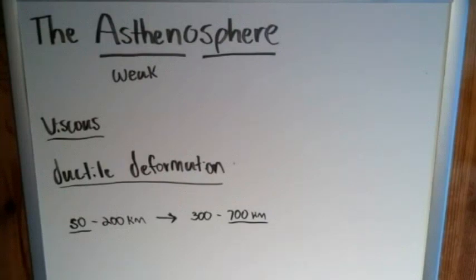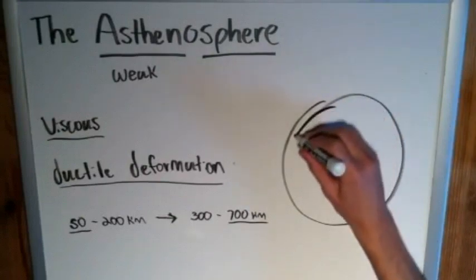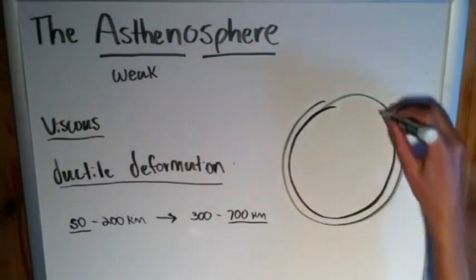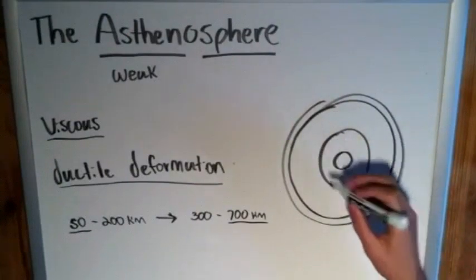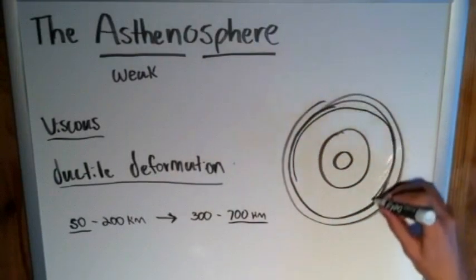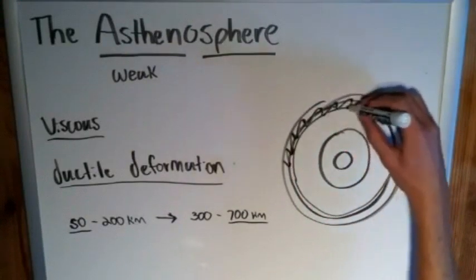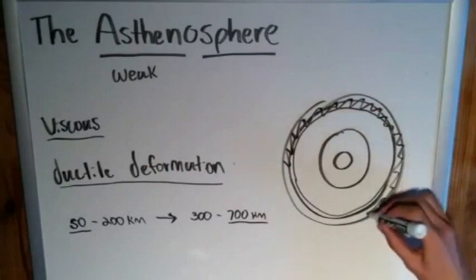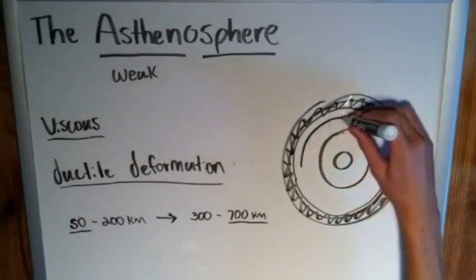The asthenosphere does not make up all of the mantle, or the remaining part of the mantle, I should mention. If we've got a little Earth diagram, we'll say there's the crust, pretty thick crust, there's the mantle, there's our outer core, there's our inner core. If the lithosphere is this, that entire piece is the lithosphere. Then the asthenosphere is going to be something like that.